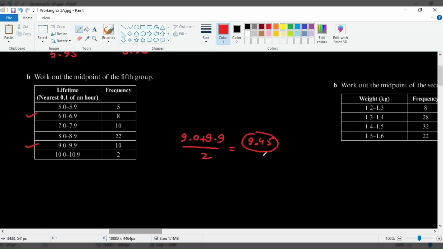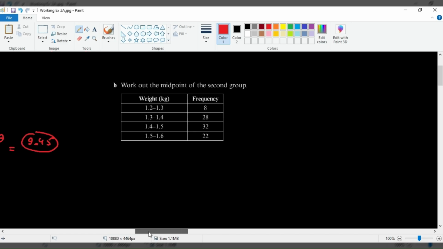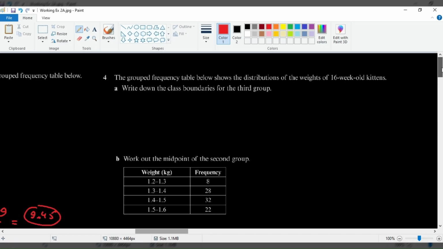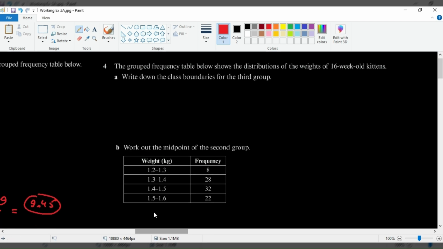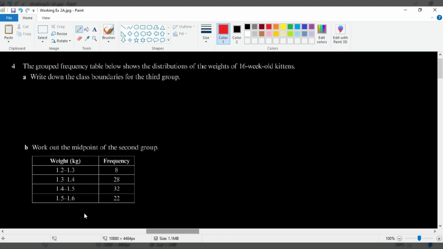Now, when it comes to question number 4, as you can see, it says the group frequency. The group frequency table below shows the distribution of weights of 16-year-old kittens. Write down the class boundaries for the third group. So 1, 2, 3. Third group is somewhere 1.4 and 1.5.